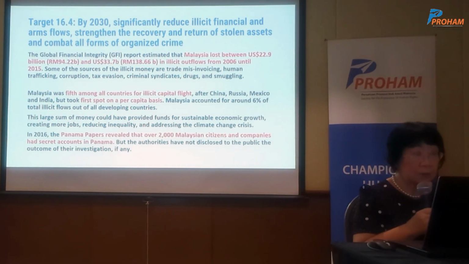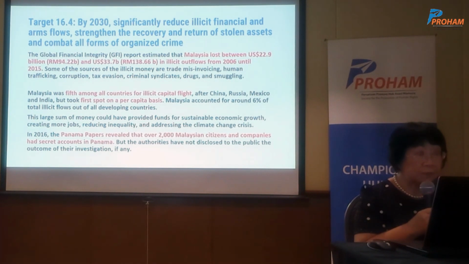And some of the sources of the illicit money are trade misinvoicing, human trafficking, corruption, tax evasion, criminal syndicates, drugs, and smuggling. This is a lot of money trafficked out of Malaysia for a very small country.